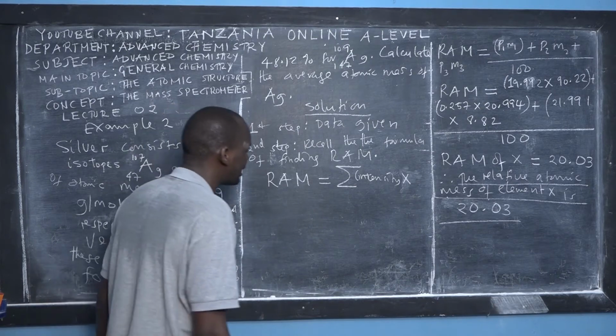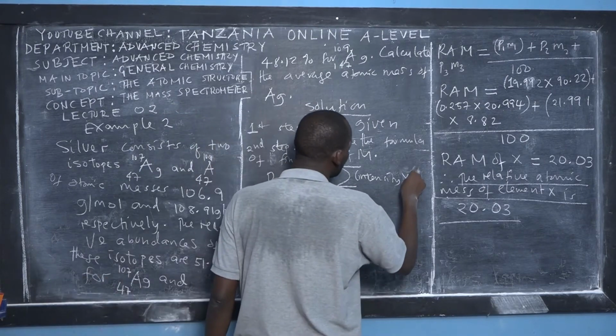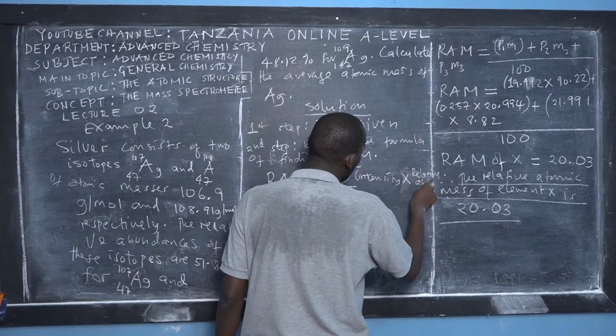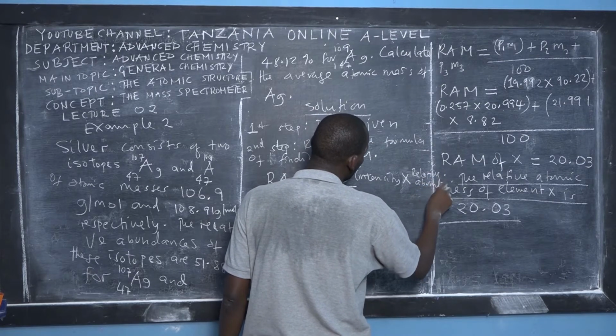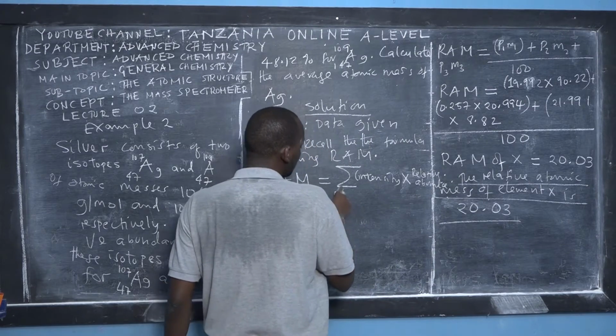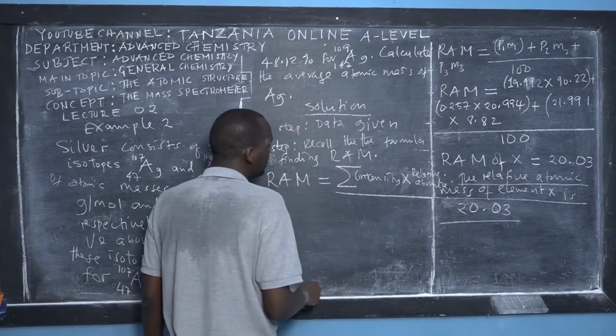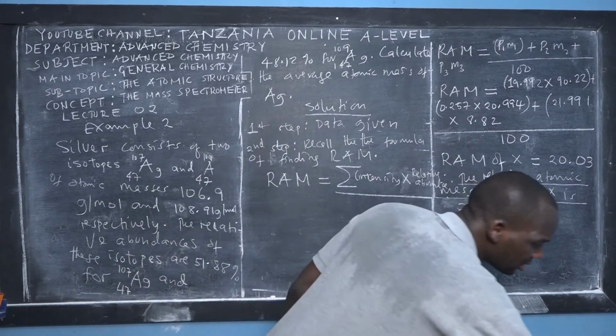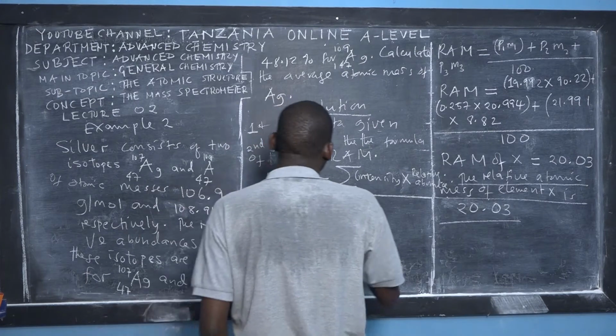We'll be given relative abundance, divided by the sum of. Oh, sorry, excuse me, please, I confused this with another formula.